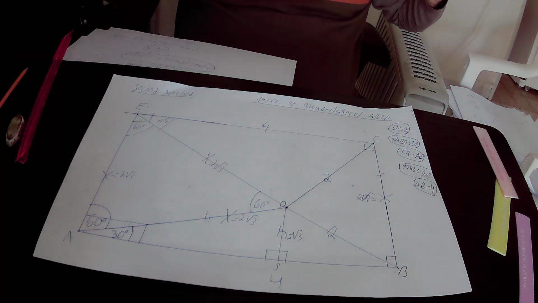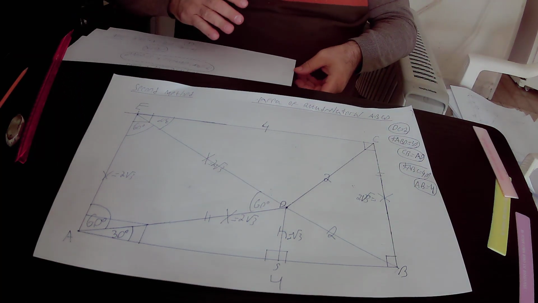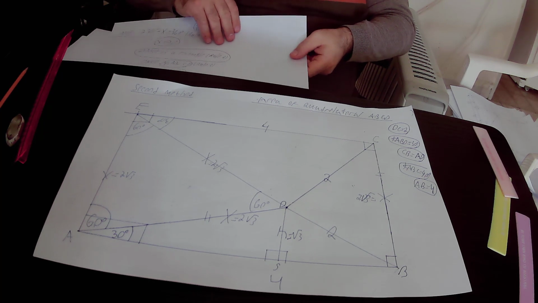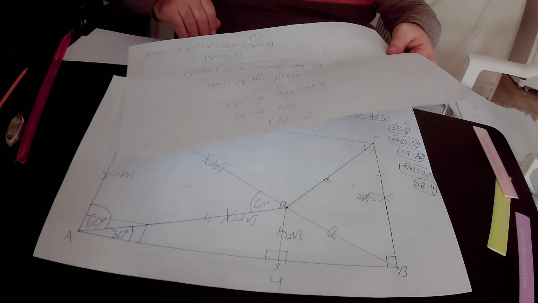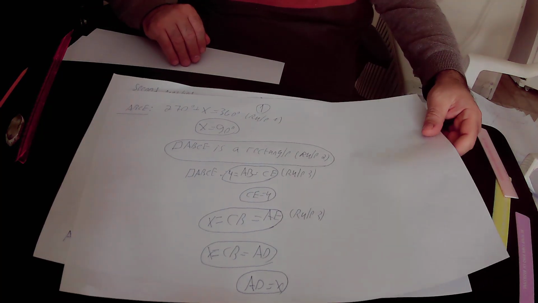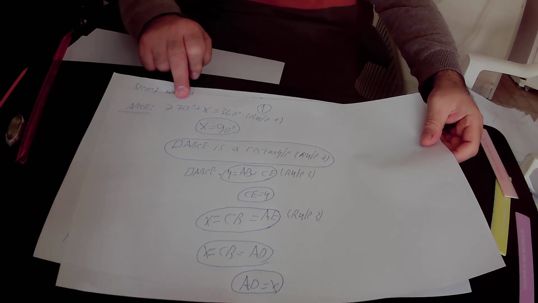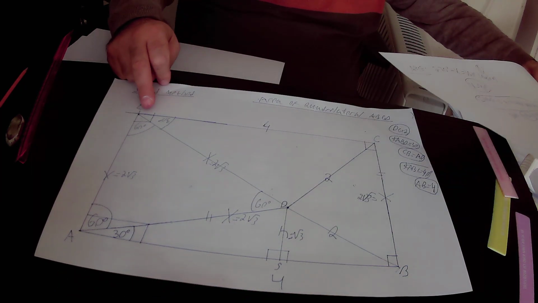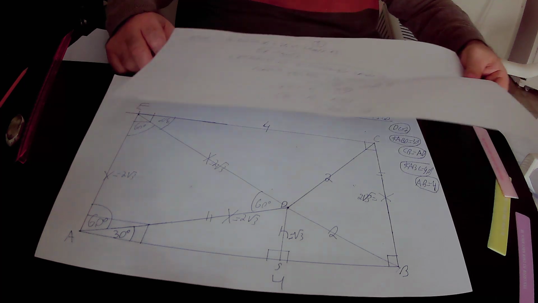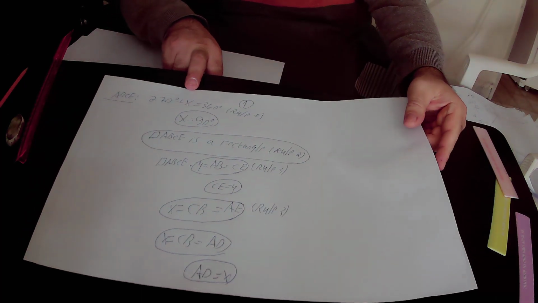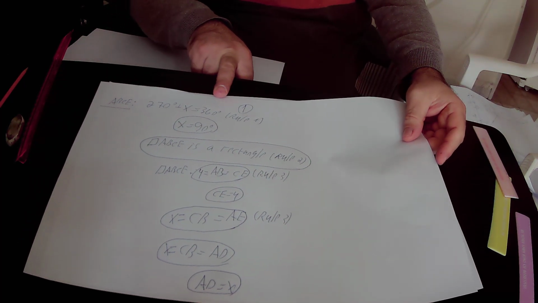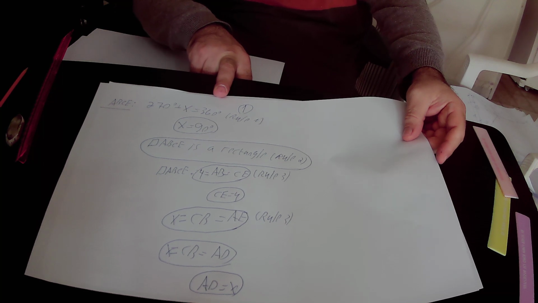So quadrilateral ABCE has 3 right angles, and the sum of 3 right angles is 270 degrees, plus the size of the fourth angle that is defined as angle X. The sum of those 4 angles must equal 360 degrees according to rule number 1.